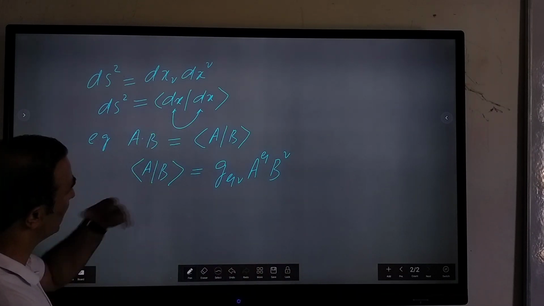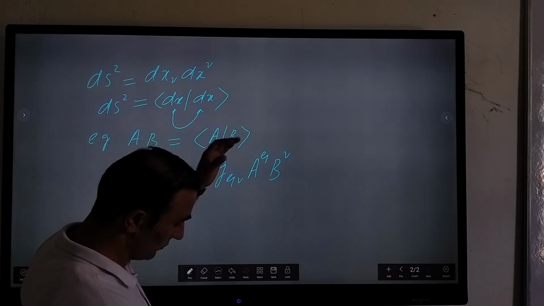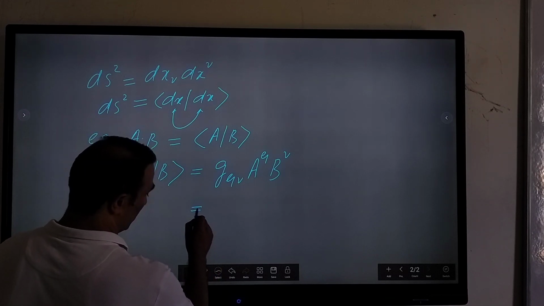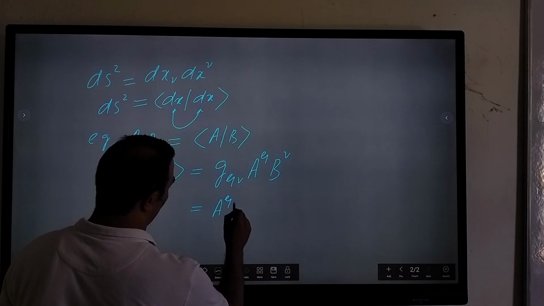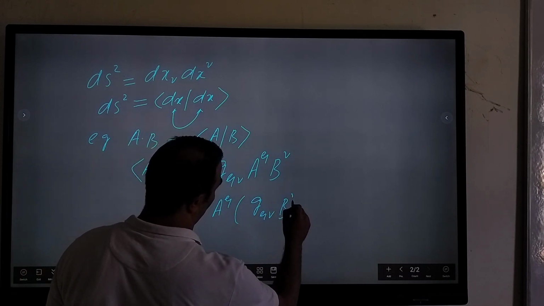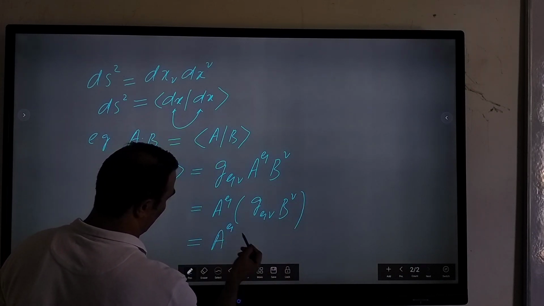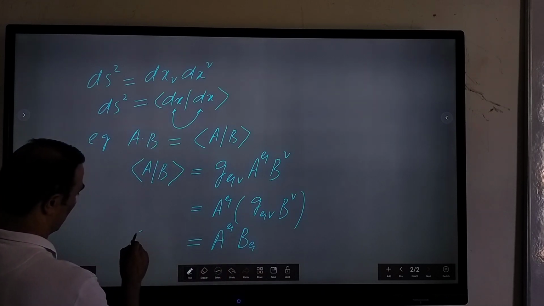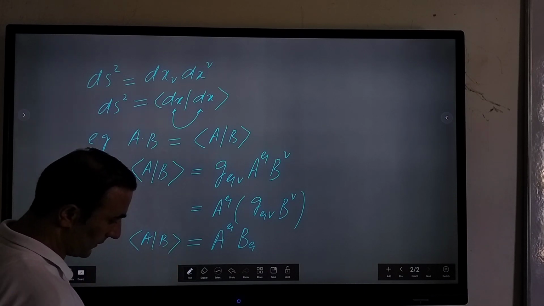Okay. So this is clear because you can write this as some a nu and this will be some b nu, right? Or you can rewrite this as, so this will be a nu. Okay.